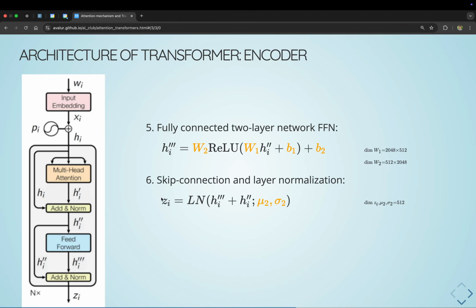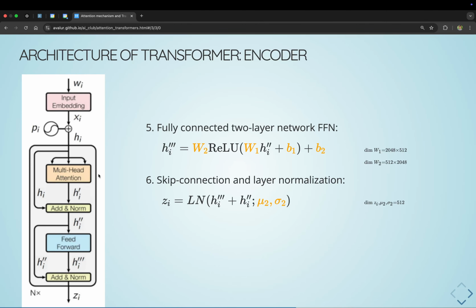And now this is our final result of the encoder. We have n vectors xi, and the result is n vectors zi, which are contextual embeddings. So zi already know all the information about our words in the English sentence and about all the connections between these words.